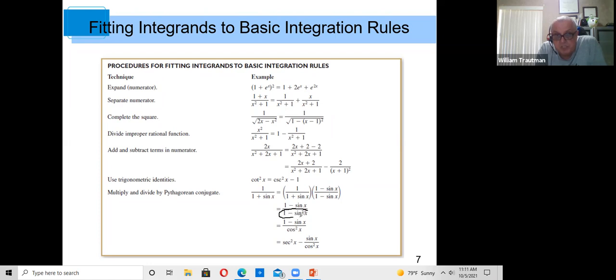Then you can actually go into your formula sheet, and 1 minus sine squared is cosine squared, and then go through the problem. So 1 over cosine squared is secant, and then sine x over cosine squared x. And then this becomes u, and this becomes du.